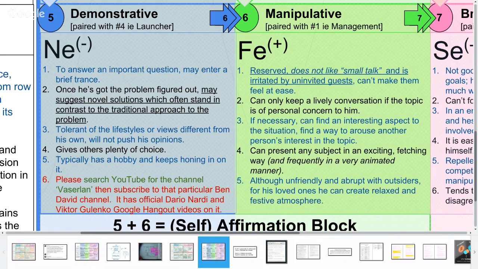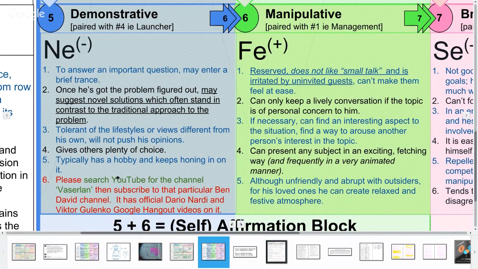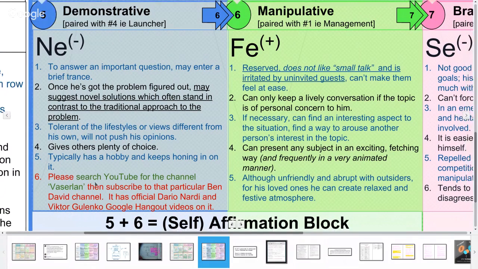Model G may suggest novel solutions which stand in contrast to the traditional Model A approach to the problem. Tolerant of the lifestyle or views different from his own, will not push his opinions. Gives others plenty of choice. Typically has a hobby and keeps honing in on it. You know, like a YouTube channel. There we go. It's now just called Ben Vaserlan.